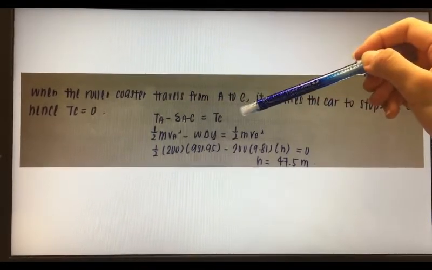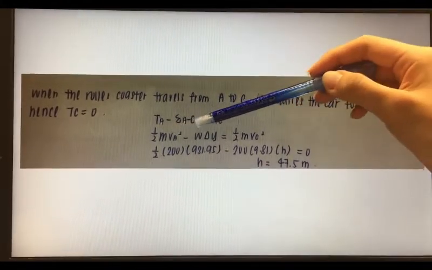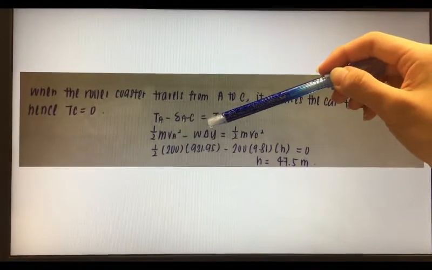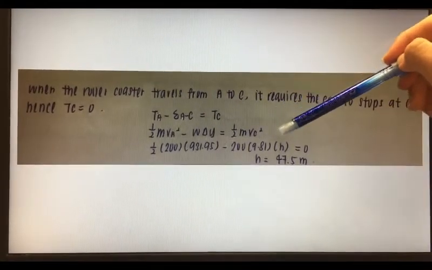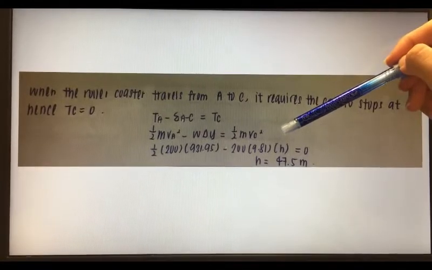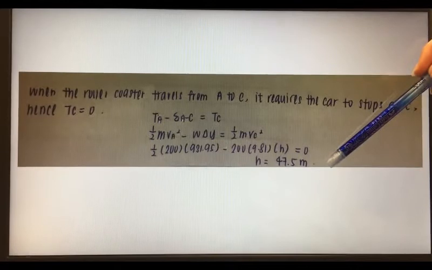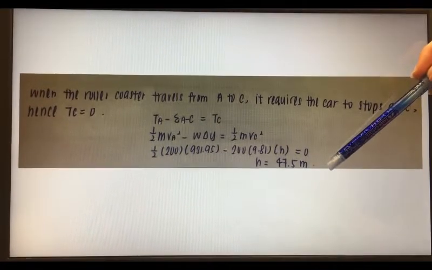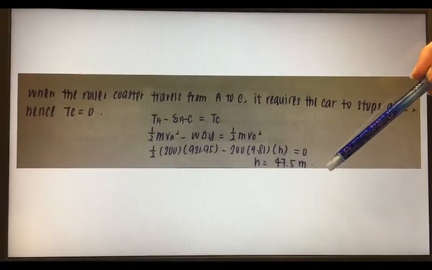Then we elaborate the equation to half m vA squared minus weight times change in y equals half m vC squared. Then we substitute the values we have, and finally we obtain the height the coaster will reach at point C, which equals 47.5 meters.